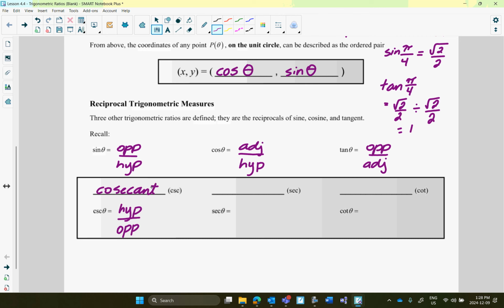If you flip the cosine ratio, hypotenuse over adjacent, pardon me, you get a new trig ratio. Shorthand is SEC. That is short for secant. And if you flip tan, so make it adjacent over opposite, you get something called COT, which is short for cotangent.